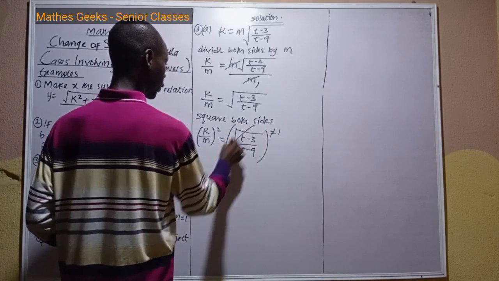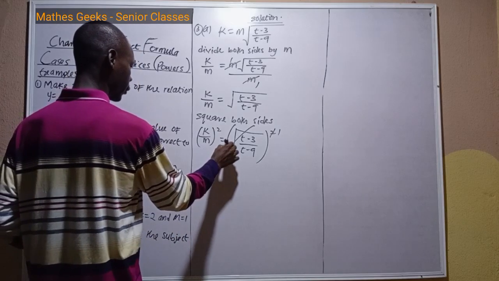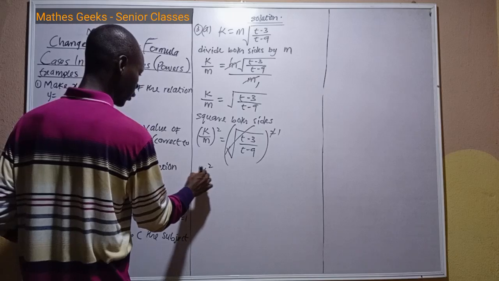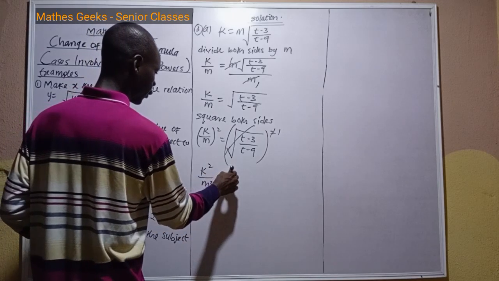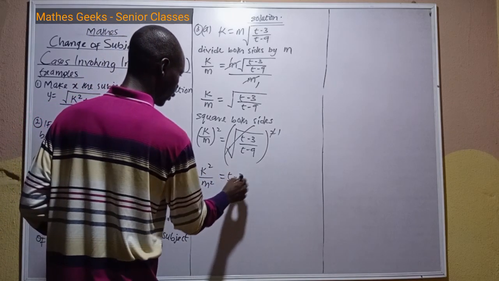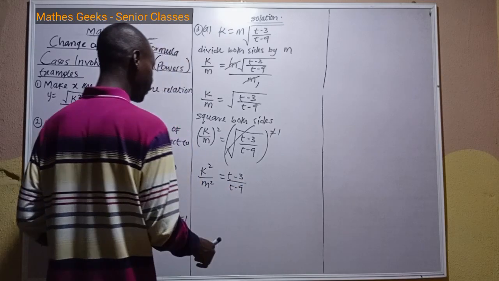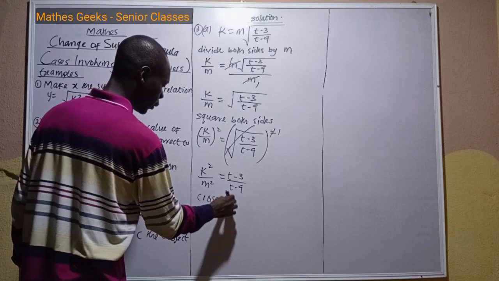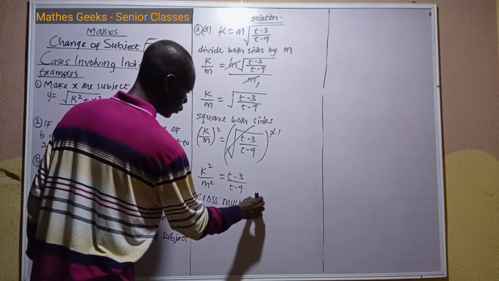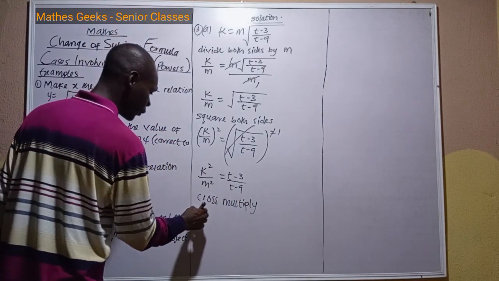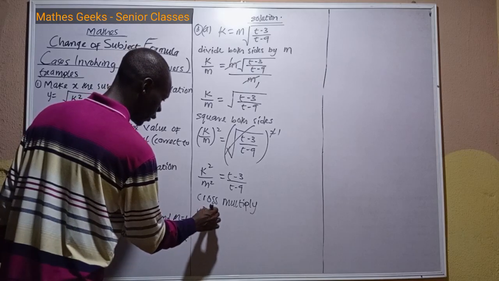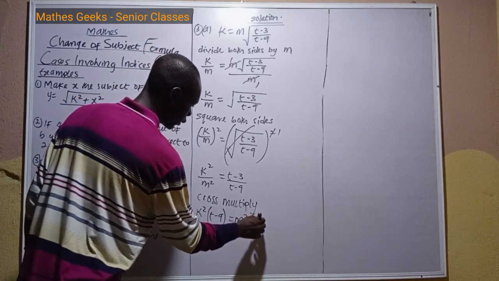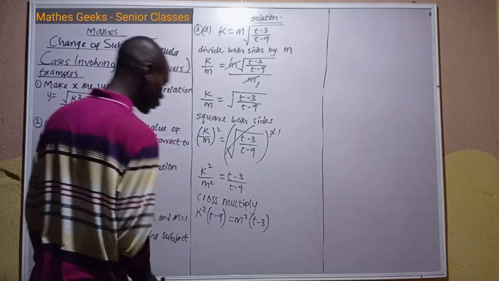So we cancel the sign. k squared over n squared equals (t minus 3) over (t minus 9). So now we're going to cross multiply.